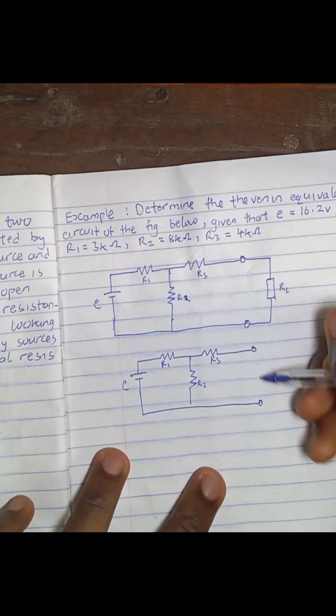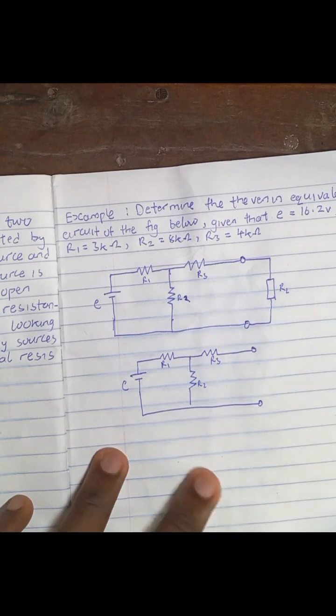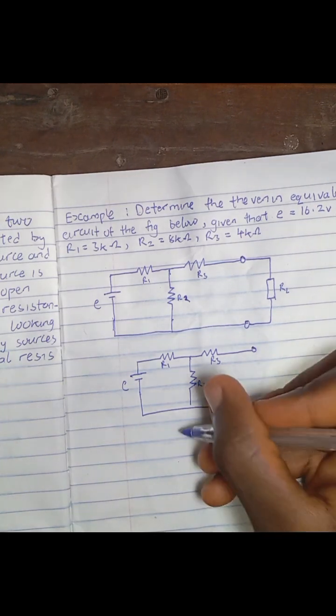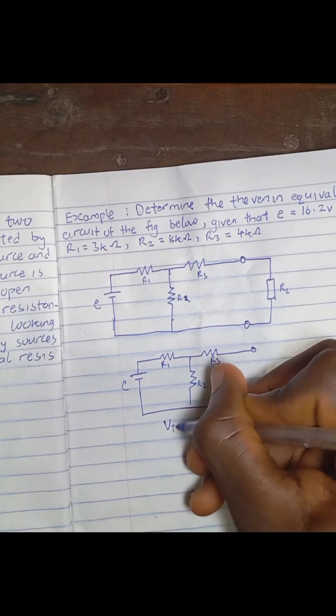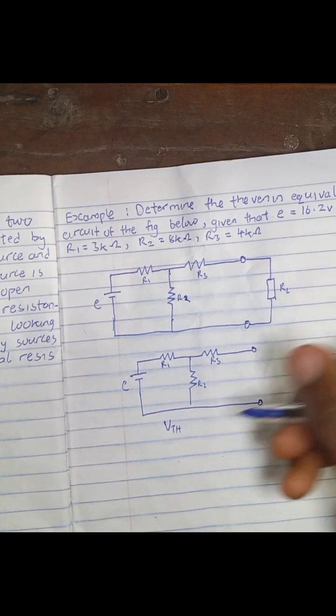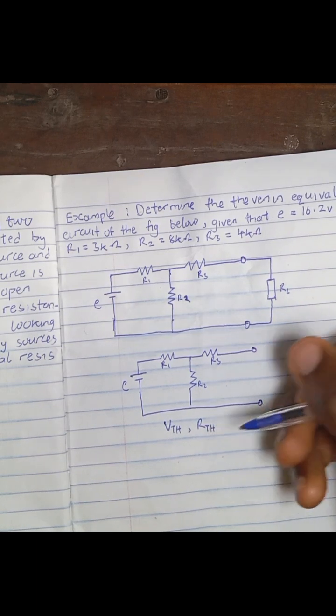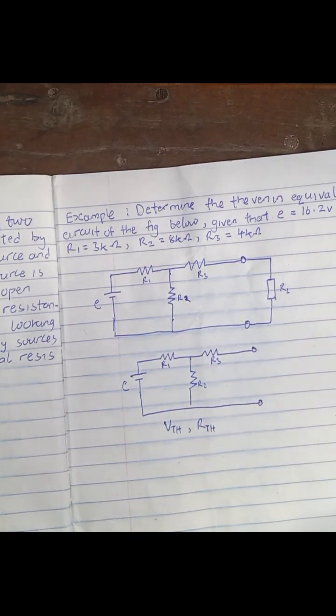So this is the two-terminal network. In finding the Thevenin equivalent circuit, the two basic things we need to find are the Thevenin voltage, VTH, and the Thevenin resistance, RTH. When we find these two, we have everything we need to find the Thevenin equivalent circuit.